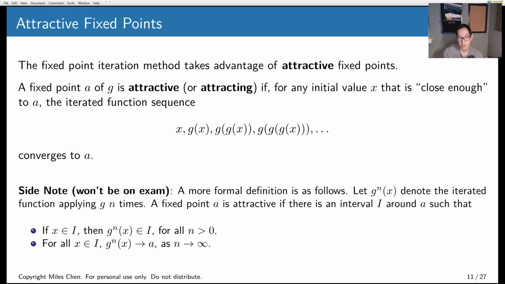A fixed point a is attractive if there's some interval I around a such that if x is in I, then g super n of x is also in I for all n greater than 0, and for all x in that I, g super n of x will converge to a as n approaches infinity. That's the definition of an attractive fixed point.